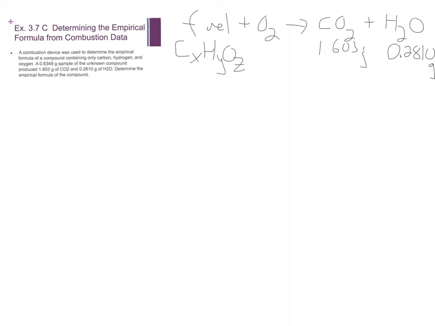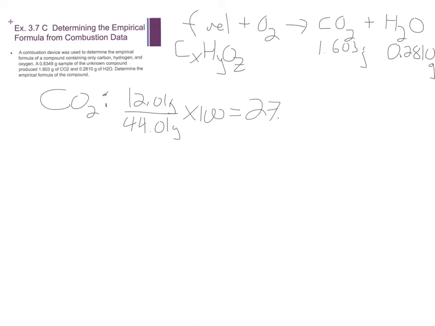So let's just assume we have 1 mole, and we know that there are, I'll start over here, we've got CO2. There are 12.01 grams of carbon in every CO2 molecule, which weighs 44.01 grams. So that gives me a mass percent of CO2 that is, if we do times 100, 27.30%. So 27% of the carbon dioxide sample is carbon.